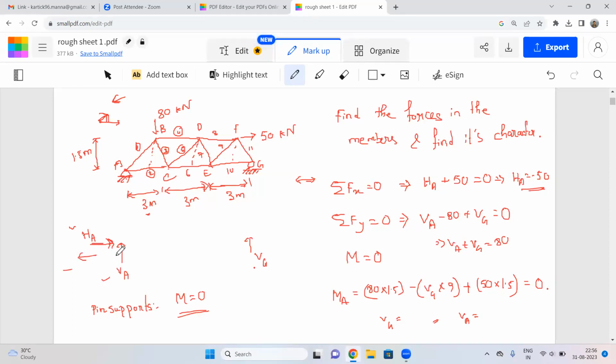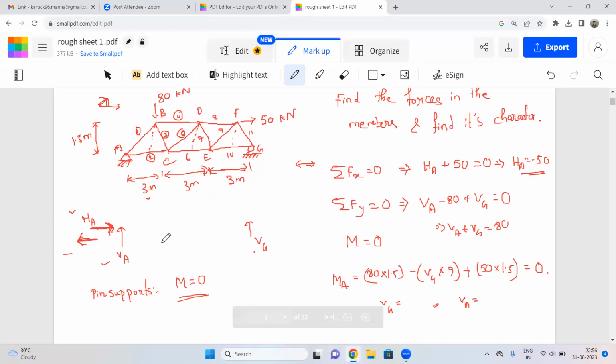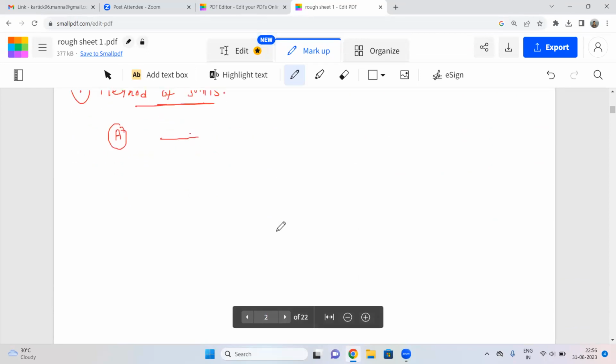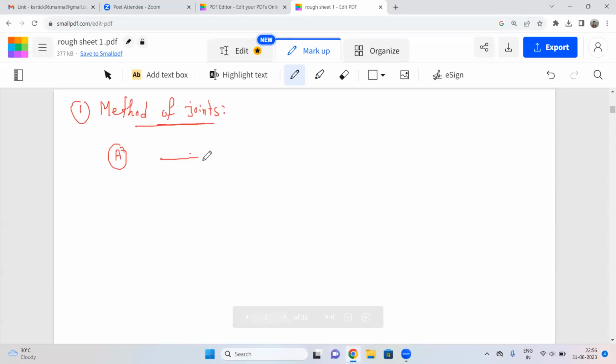At positive X direction, the value of HA is minus 50, which means it is in the negative X direction. But as initially we assumed HA in this direction, we are taking this one only for point A.